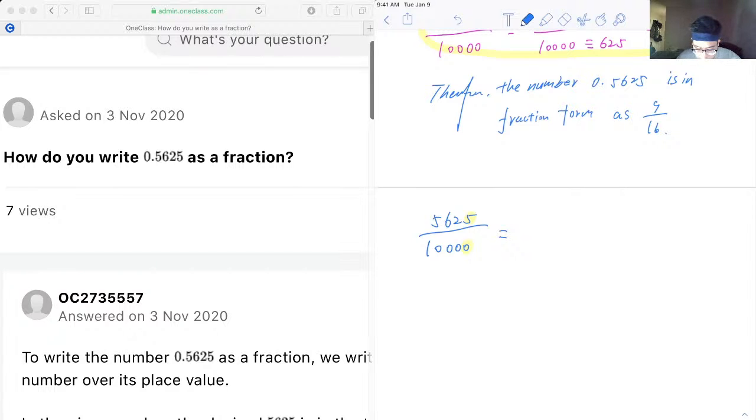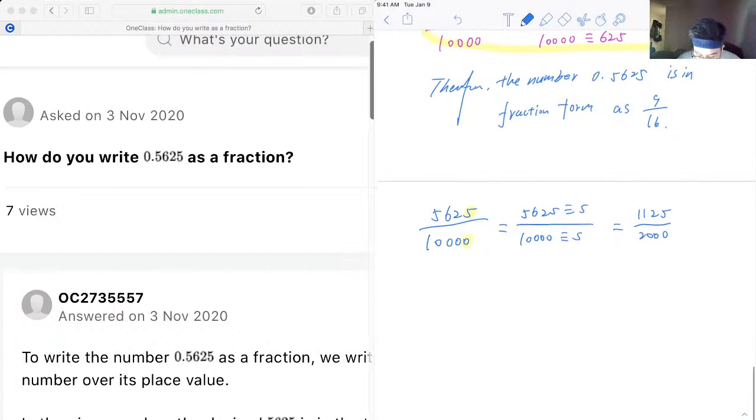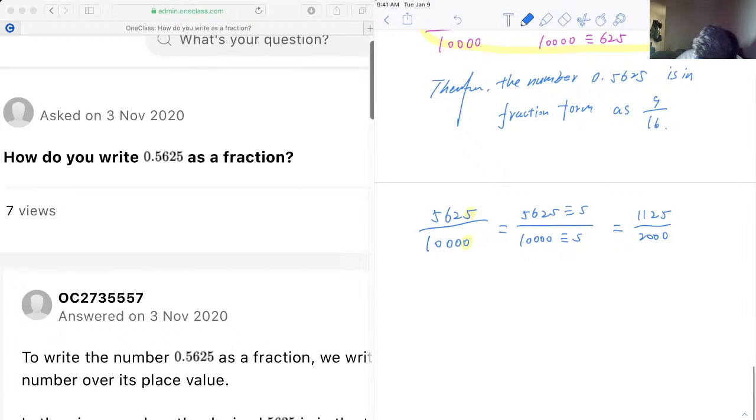Okay, so let's try that. 5625 divided by 5 over 10,000 divided by 5 will give us 1125 over 2000. And then we can divide by 5 again, which is 225 over 400.